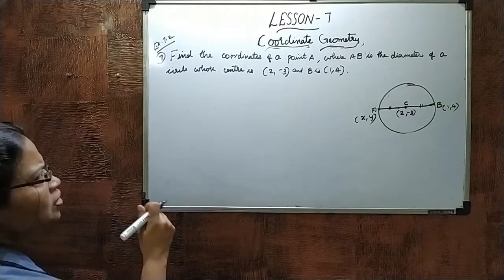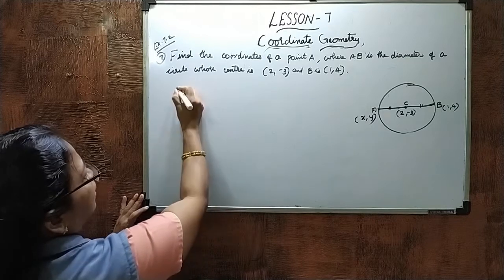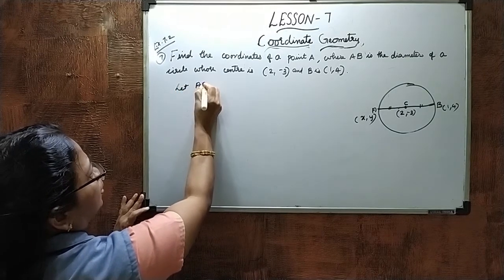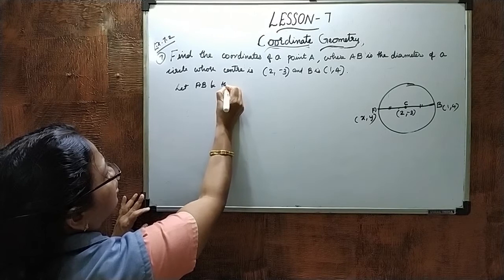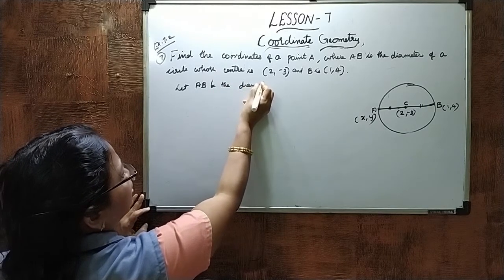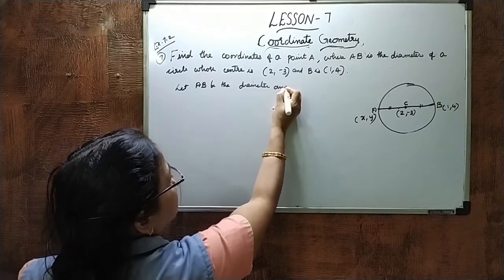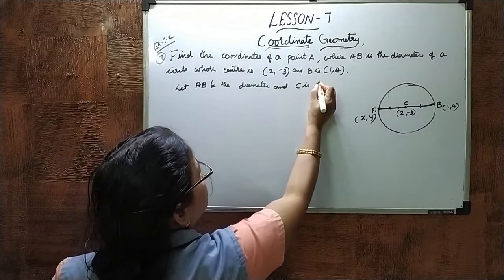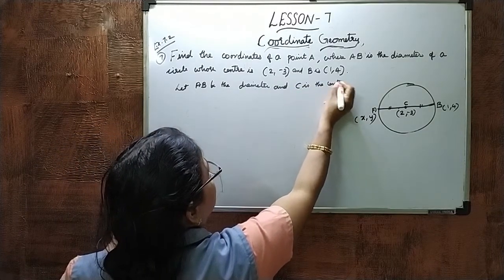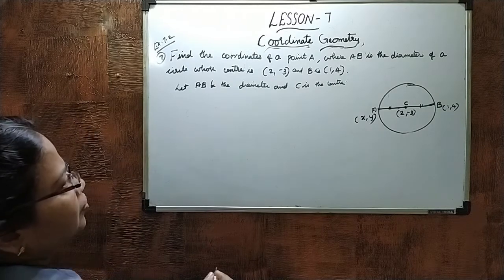Okay. So we'll start now. What you have to write then? Let AB be the diameter and C is the center. Okay. Then what is the next thing then?